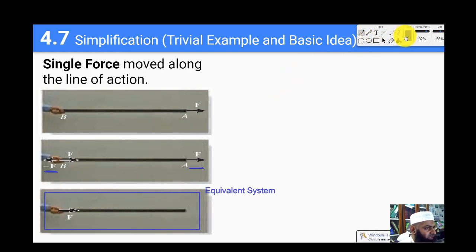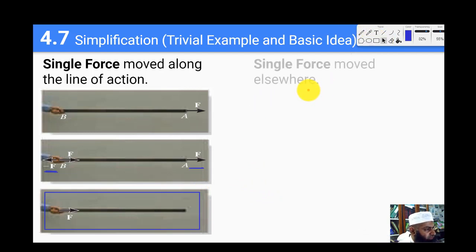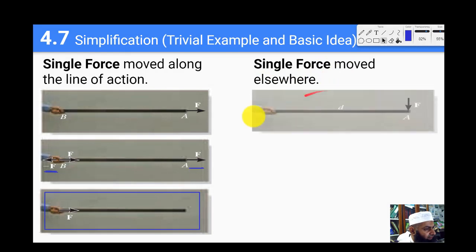Okay, so now we look at a second example, a case where we are moving the force in some other direction which is not along the line of action of the force. So whenever we have a single force acting on a body, and we want to move it elsewhere, for that we look at the second example where we have this force F, and now we want to represent this same force F at this other end of this bar.